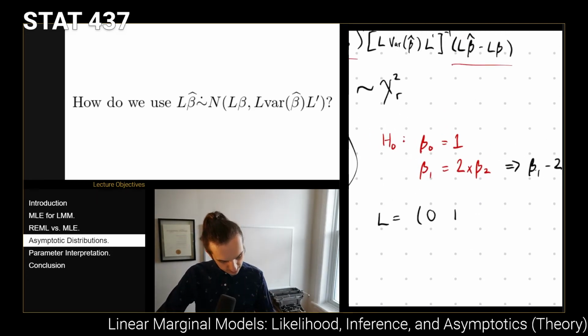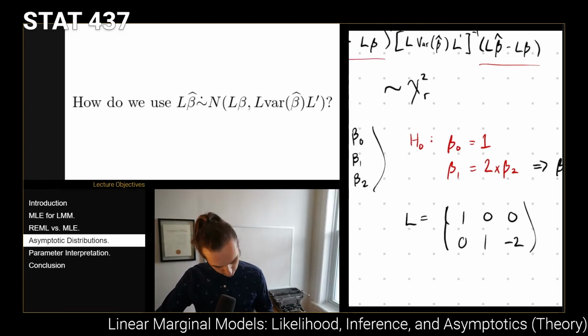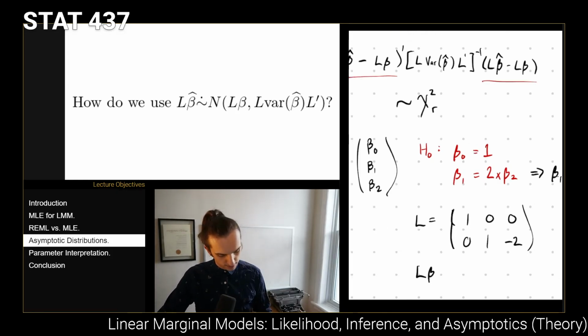So putting those two together, if we take L to be this 2-row matrix where we have 1, 0, 0, and then 0, 1, negative 2, now suddenly L beta can be thought of as testing our hypotheses, right?